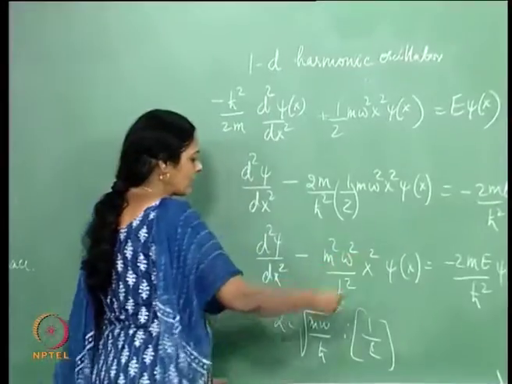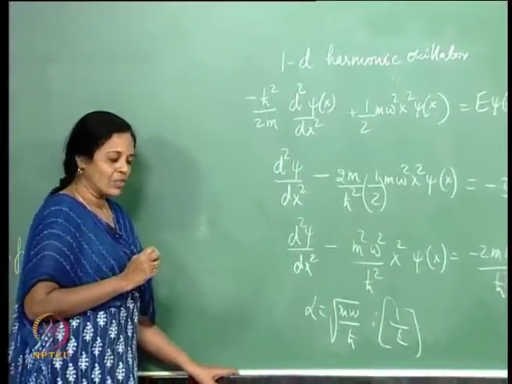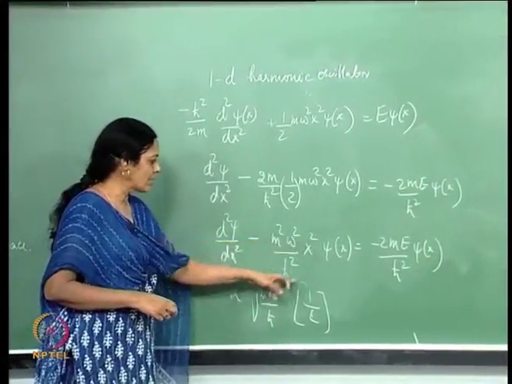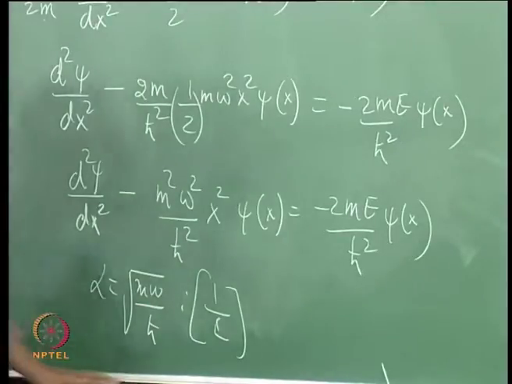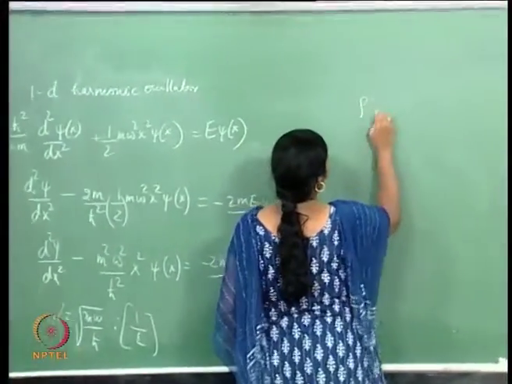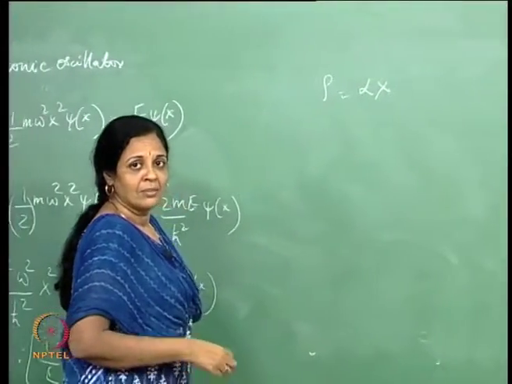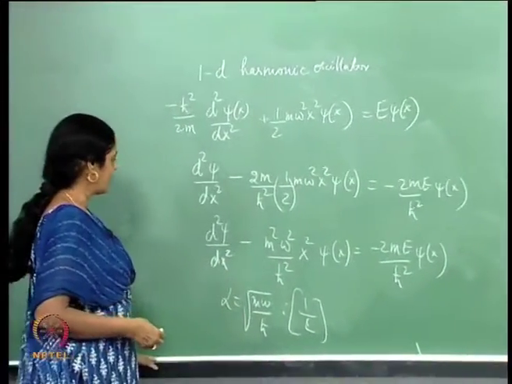Now, to solve these differential equations, it is good to scale out such dimensional quantities. Find out the natural scale in the problem. In this case, it is a length scale. Find out the natural length scale and scale out. So, you define an object rho which is alpha x, and clearly rho is dimensionless because x has dimensions of length and alpha has dimensions 1 by length.